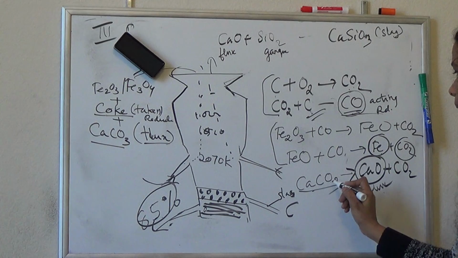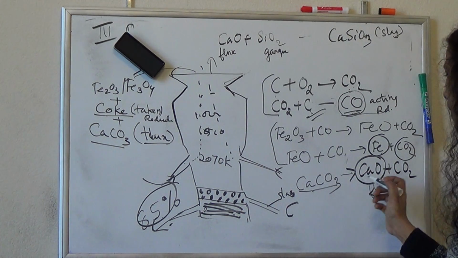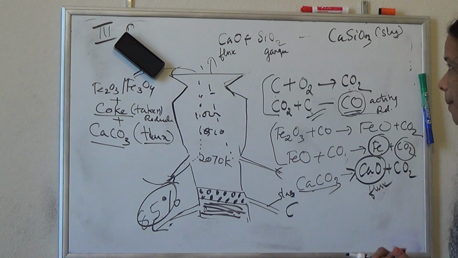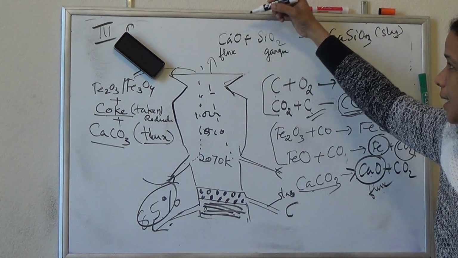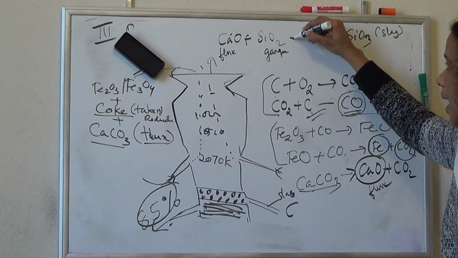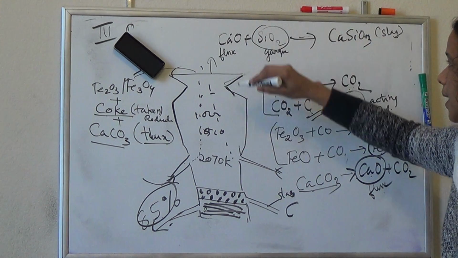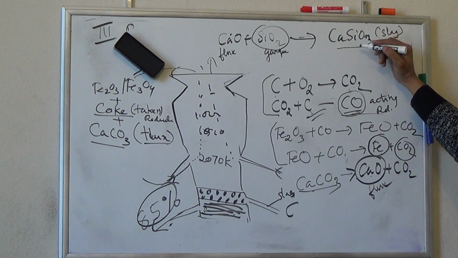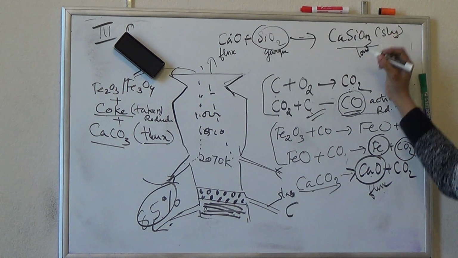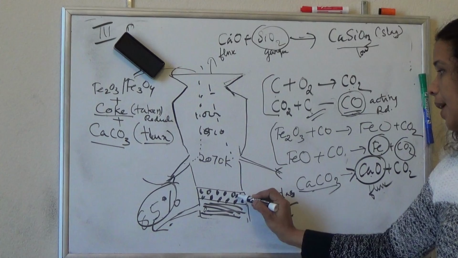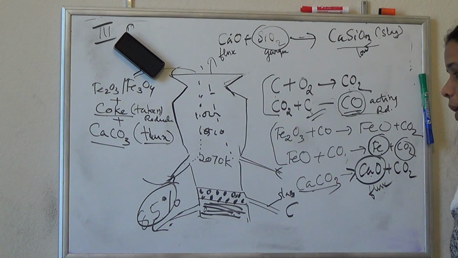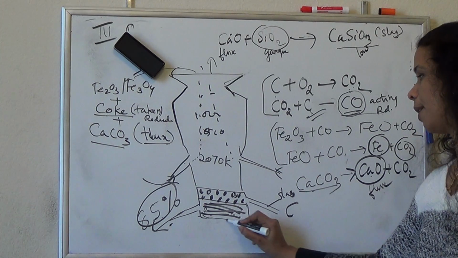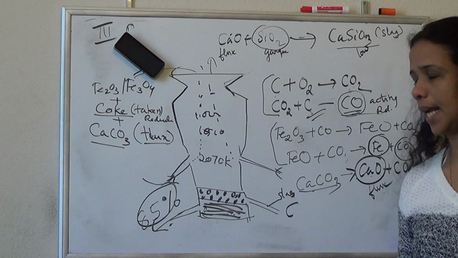Then calcium carbonate, being thermally unstable at high temperature, decomposes and forms calcium oxide and carbon dioxide. Calcium oxide acts as a flux, combining with the gangue, that is sand or silica, to form calcium silicate. It is easily fusible and low in density, so it separates above the iron at the bottom of the blast furnace. The formed iron deposits at the bottom due to its high density.